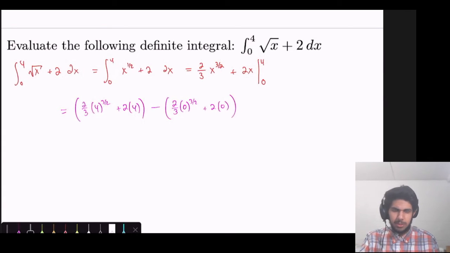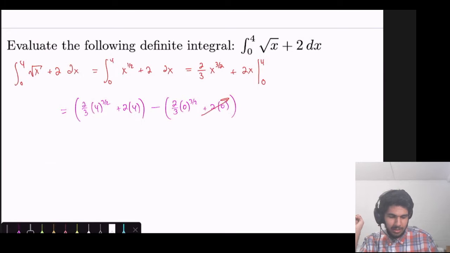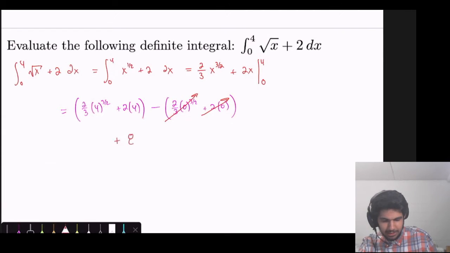Let's simplify it just for the fun of it. Let's go back to front. 2 times 0 is 0, so that goes to 0. 0 to the 3/2 power is 0, and 2/3 times 0 is still 0. So this entire term goes to 0. So then we're just left with this left term. 2 times 4 is 8, so we'll have plus 8. 4 to the 3 halves power.